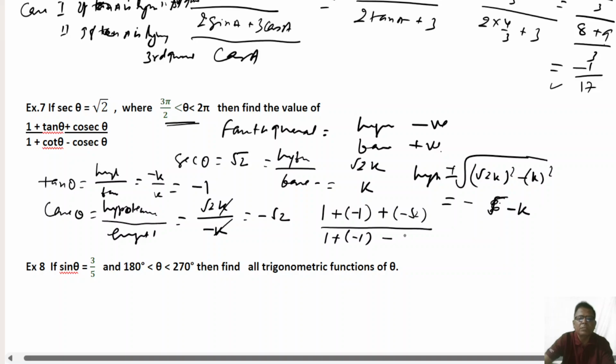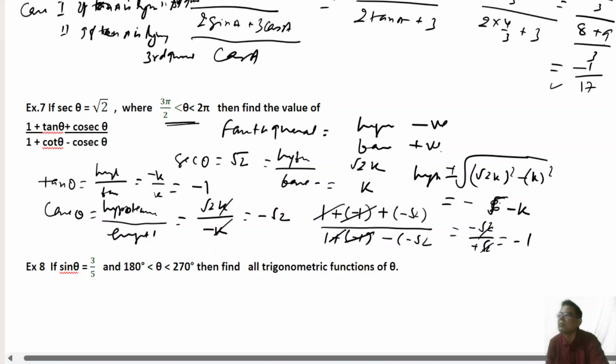Minus cosec theta is minus of minus root 2. So this will get cancelled, and here minus root 2 by plus root 2. So that is equal to minus 1.